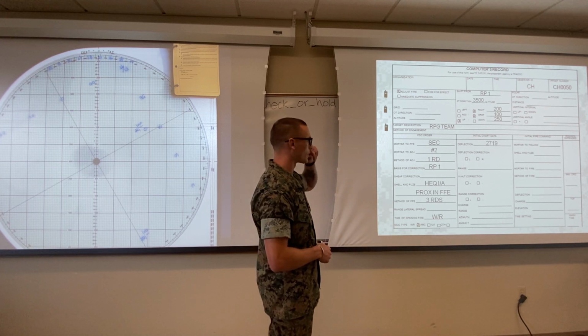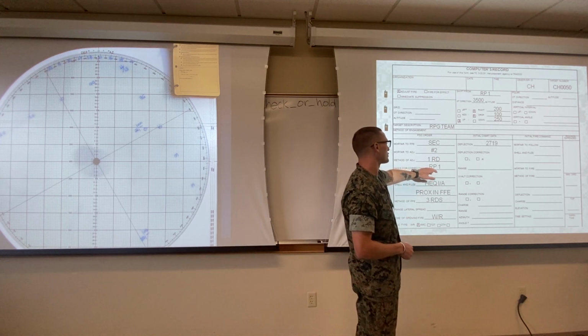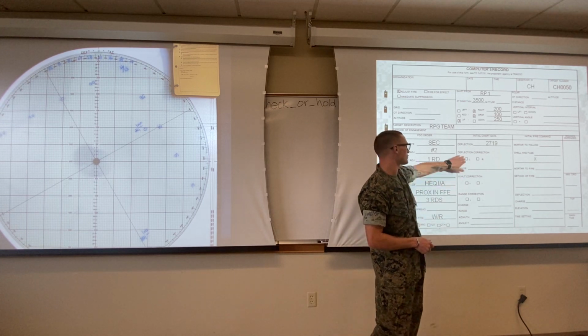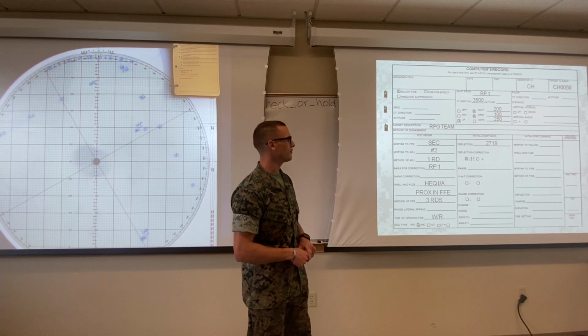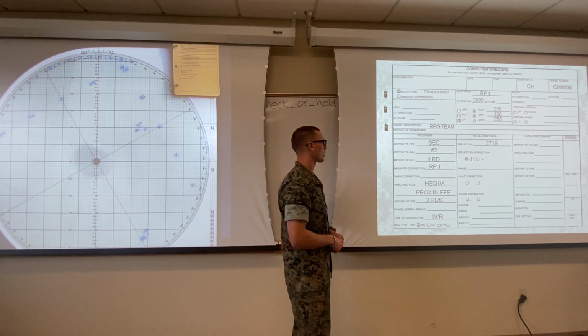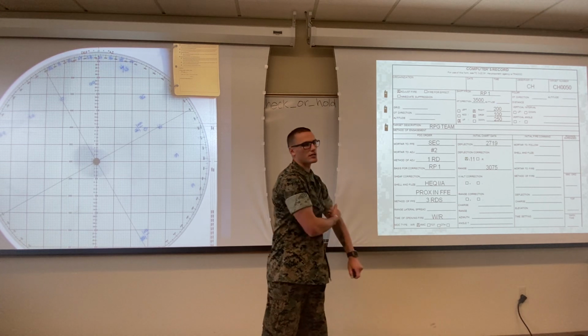Now I'm going to pull over my basis for correction, so all of my registration corrections. So my deflection correction that I got from registration of the left 11, my chart range that I get off of my plotting board of 3075.